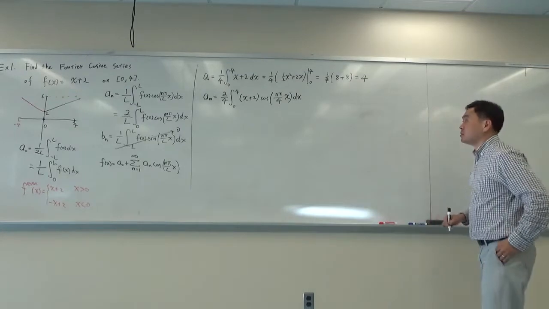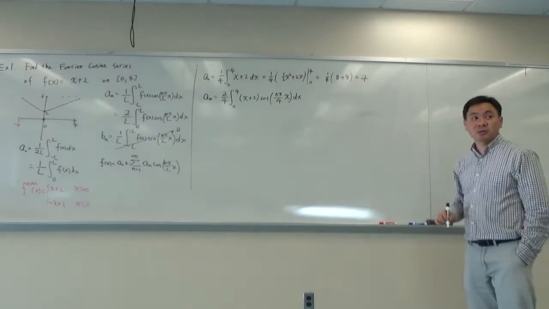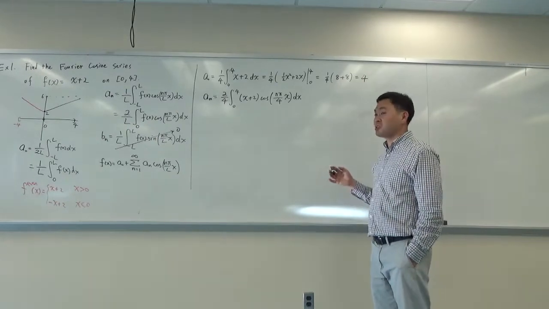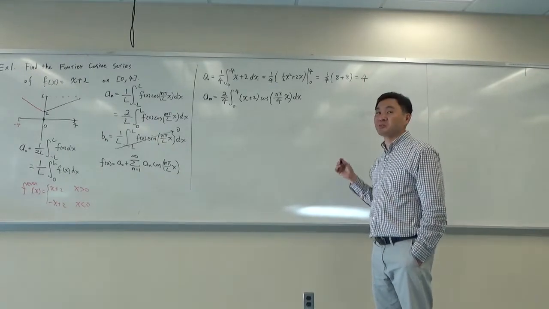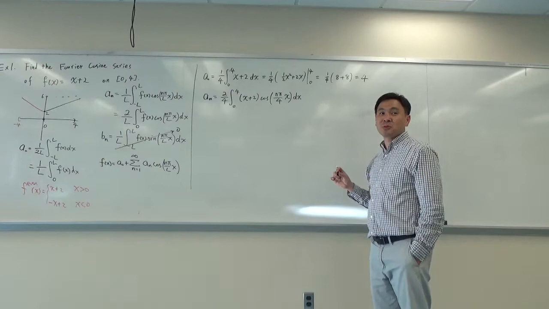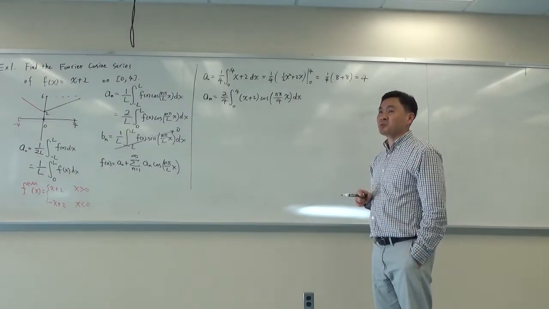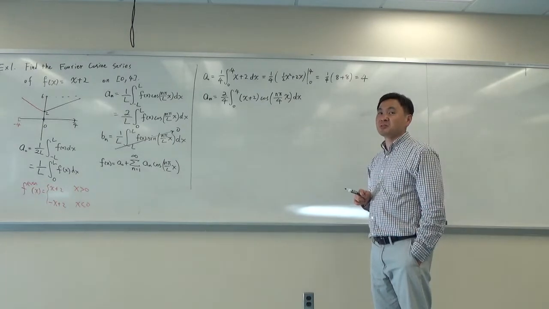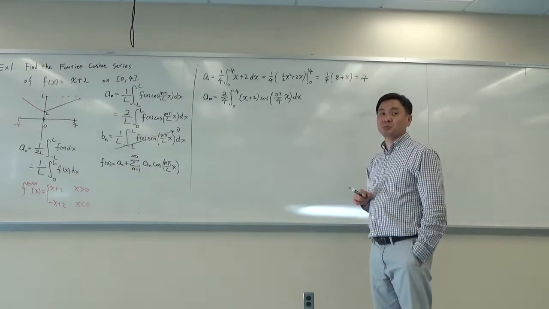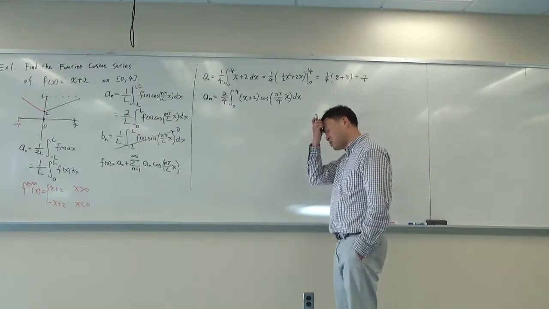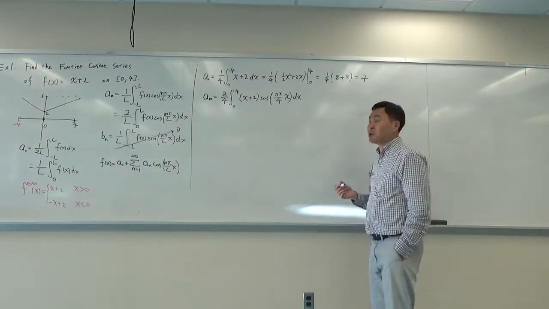And as I explained last time, you do end up having to use integration by parts many times when you do Fourier transform or Fourier series. Because you do it so many times, it's a lot easier if you know a trick that makes it faster. And that trick for me is the tabular integration.